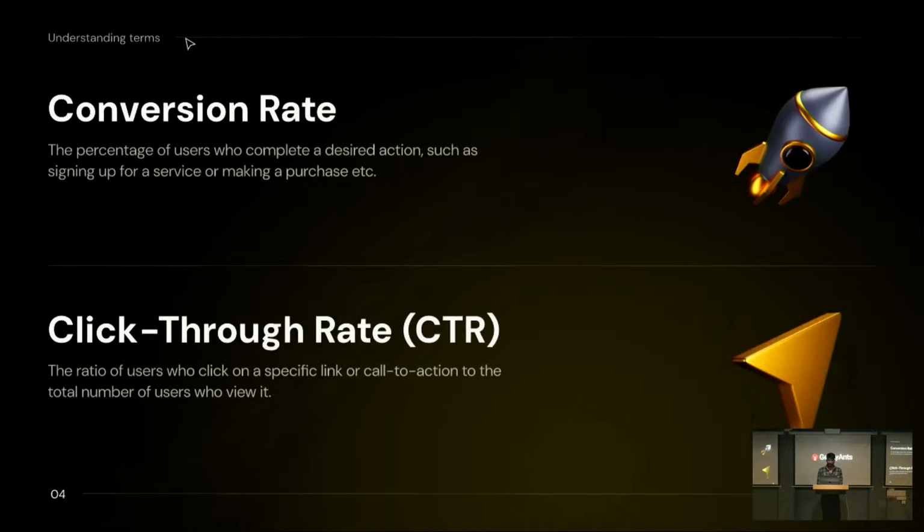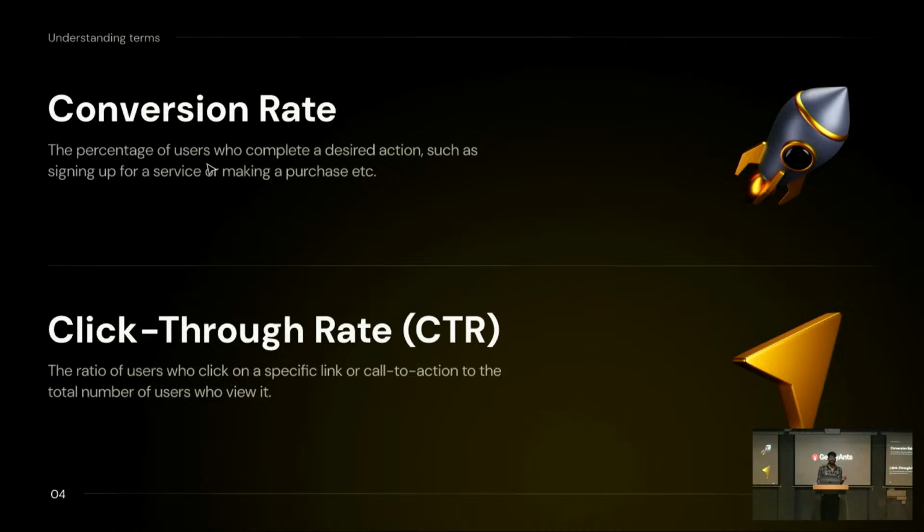Moving ahead, we have conversion rate. Let's define a conversion rate. Conversion rate is basically the rate at which users perform a desirable action. For example, let's say you own an e-commerce website, and you have a landing page on it.